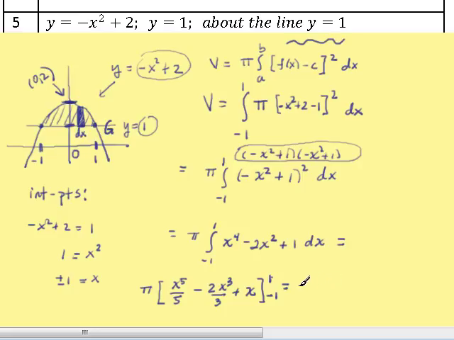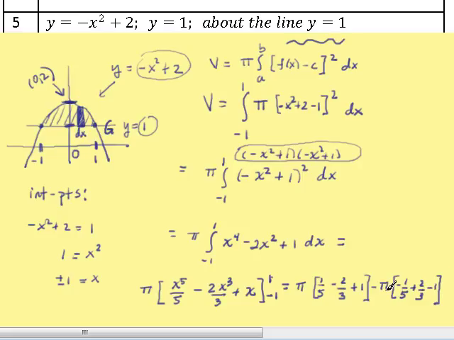First 1, and we have pi times 1/5 minus 2/3 plus 1. Okay, minus pi. Again, substitute in minus 1, so we have minus 1/5. And then substituting into x cubed, we're going to have plus 2/3 and minus 1.